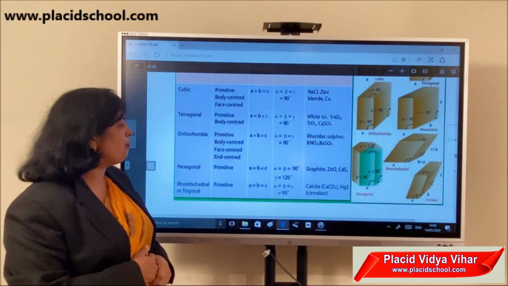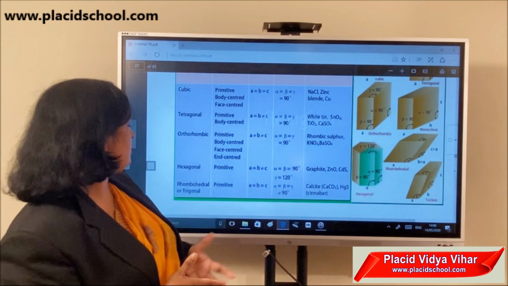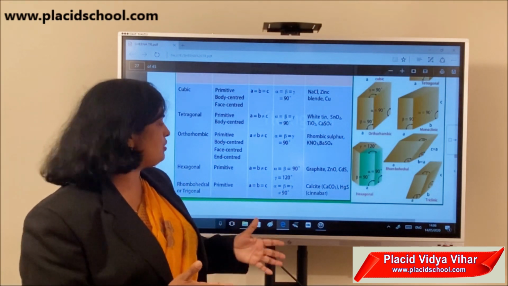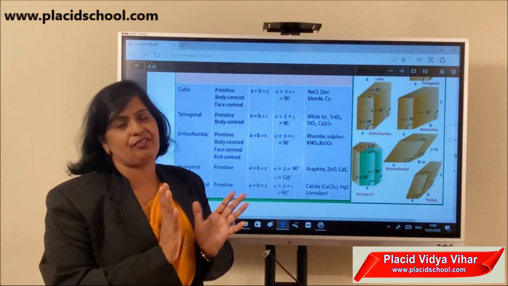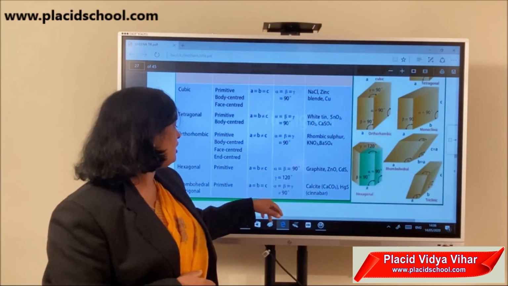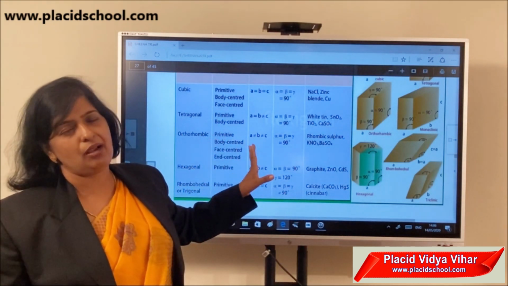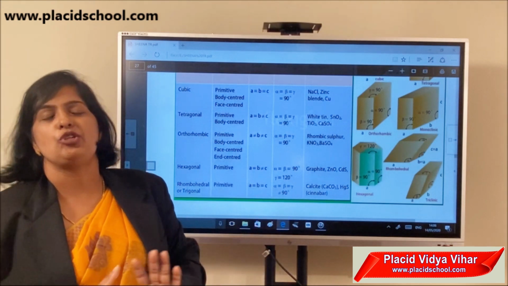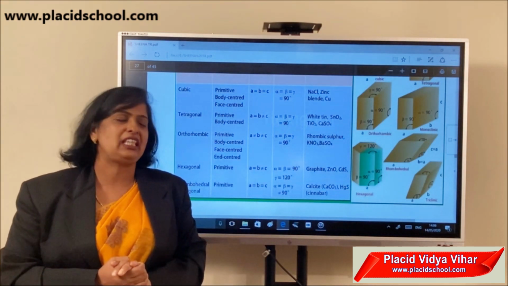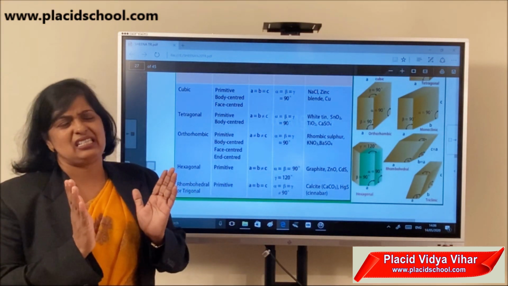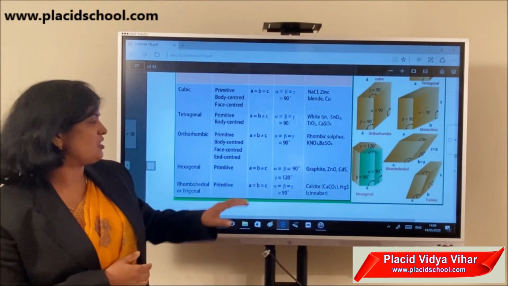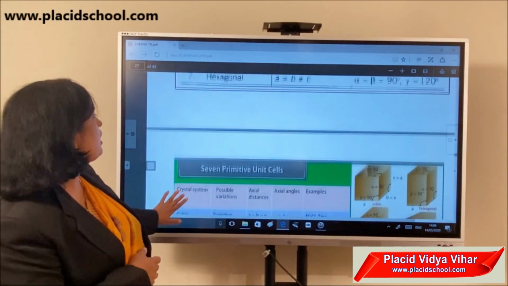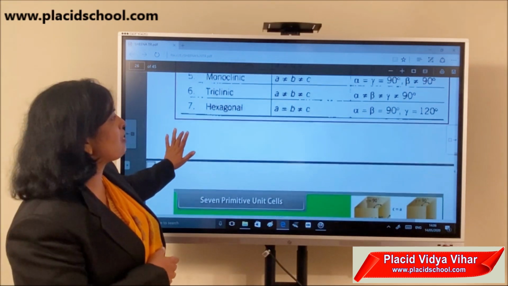Next is rhombohedral. Rhombohedral is A equal to B equal to C, but the angles differ. Alpha equal to beta equal to gamma, but they are not mutually perpendicular to each other. That means they are not 90 degrees, they are slightly slanting. Besides this, two more are there, monoclinic and triclinic.